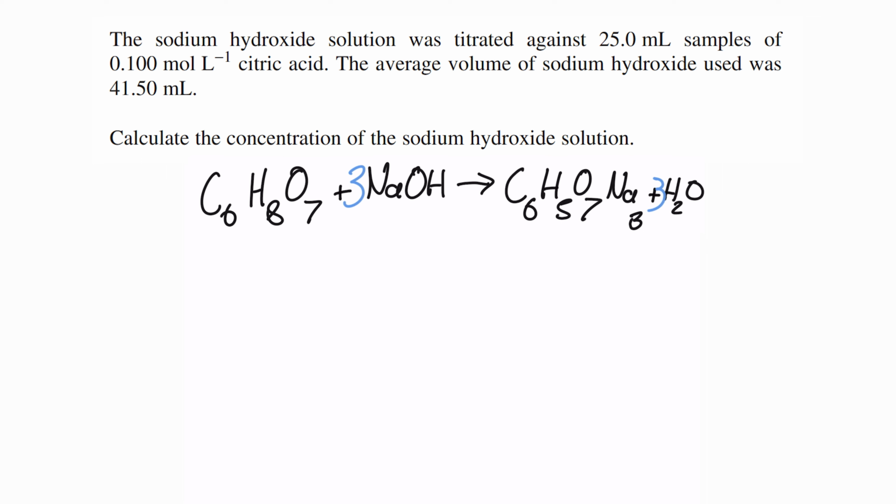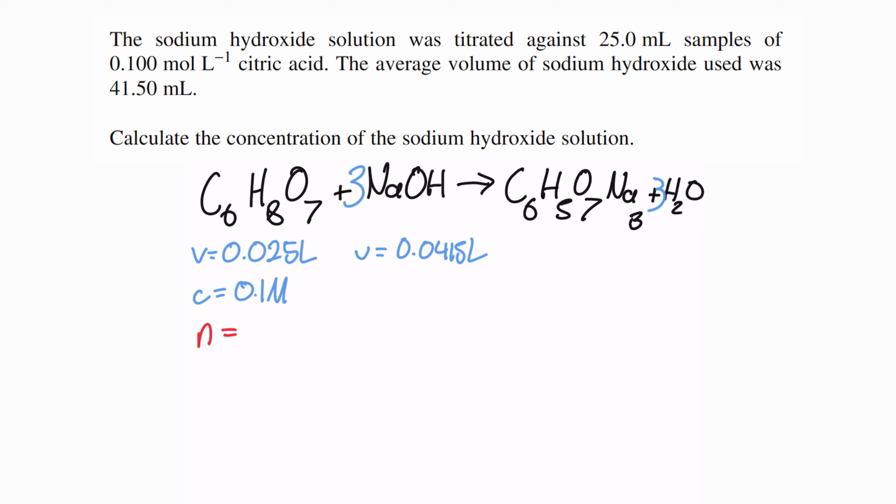So we know that there are 25 mL samples of the citric acid, so volume is equal to 0.025 liters, and their concentration is 0.1 moles per liter. And we know that the sodium hydroxide has a volume of 0.0415 liters.